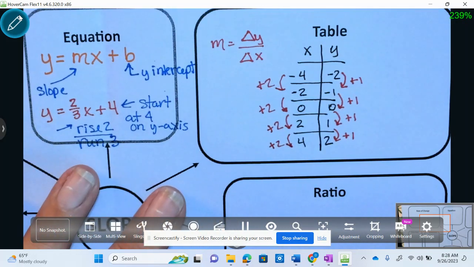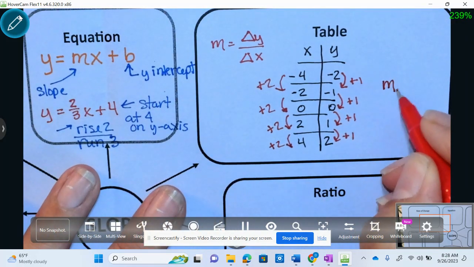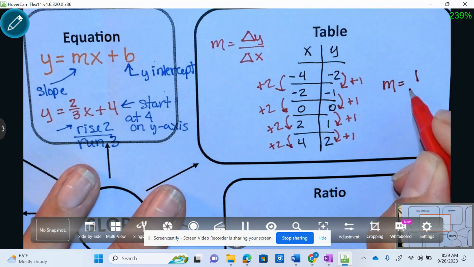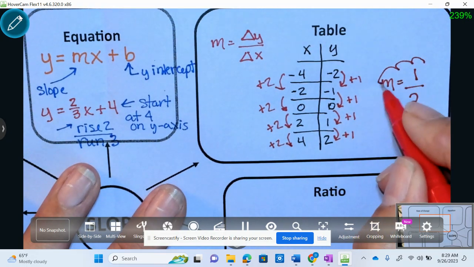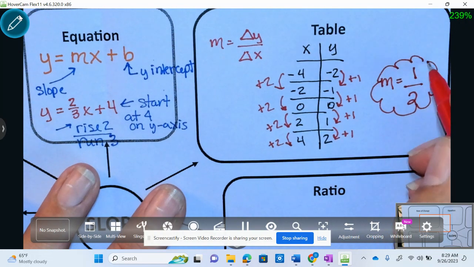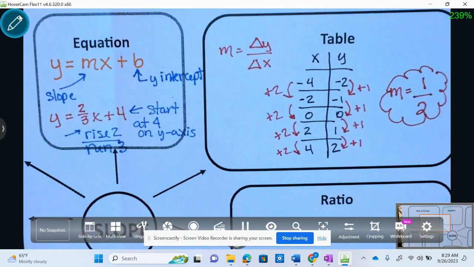So my slope is going to equal my change in y over my change in x. And that's how we do that from a table. You guys feel okay about that?